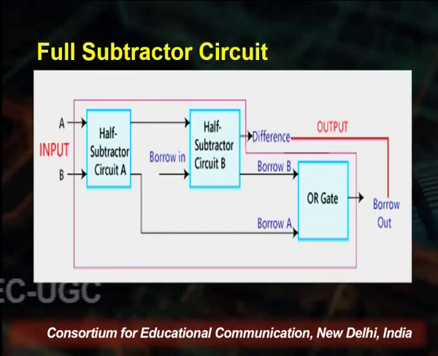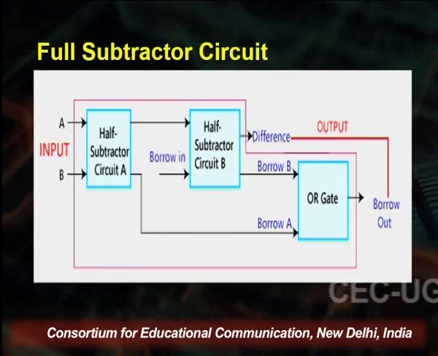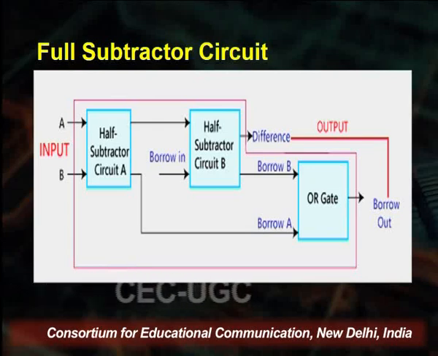Again, look at the half subtractor circuit B. There's a borrow in coming in and there's an input that is coming in from the first half subtractor circuit A. These two inputs will give us an output of the final difference, and the borrow B goes into the OR gate. Putting all this, borrow B and borrow A, into the OR gate, we actually get the final borrow out.